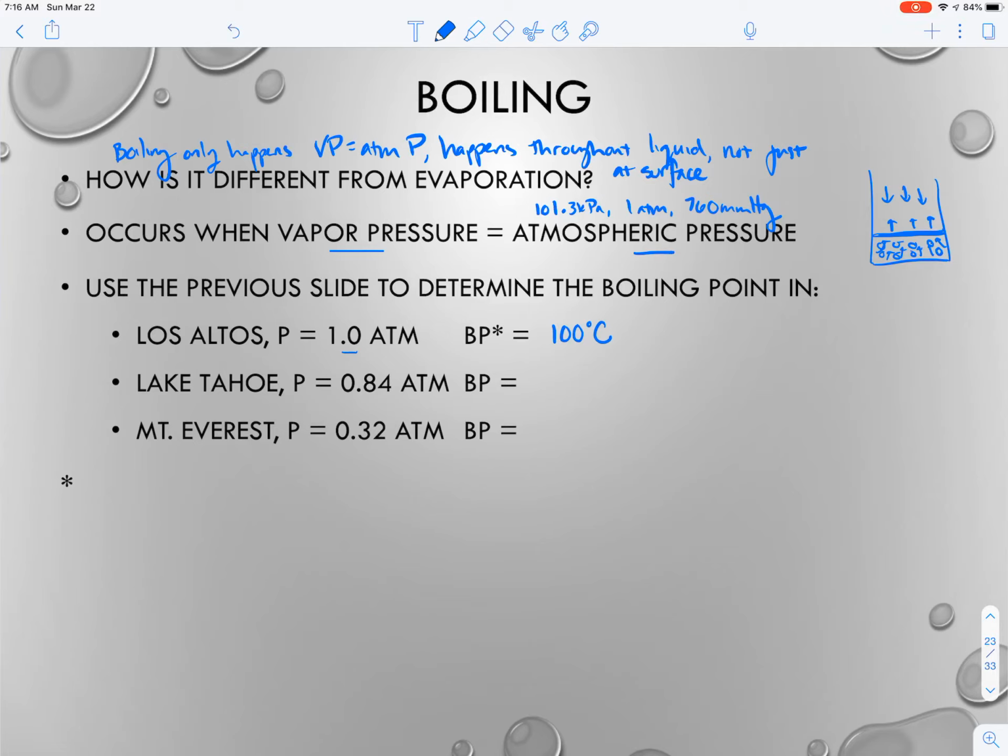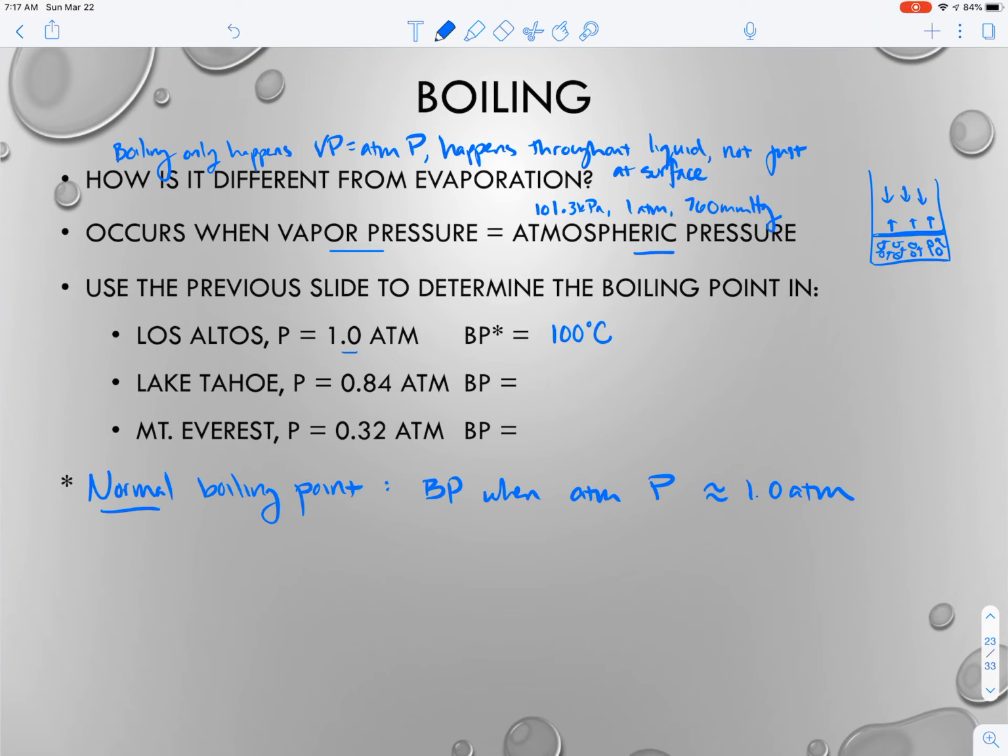And we have a little asterisk there because that's called the normal boiling point. So when we talk about water boiling at 100 degrees, that's when it normally boils, which is to say the boiling point when the atmospheric pressure is equal to 1 atmosphere. Okay, so the normal boiling point is the boiling point when the atmospheric pressure is equal to 1 atmosphere, and that's normally what we talk about.